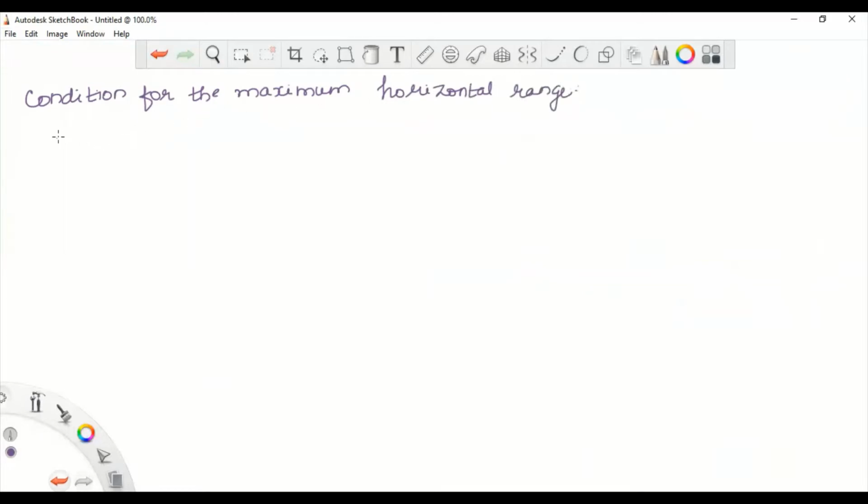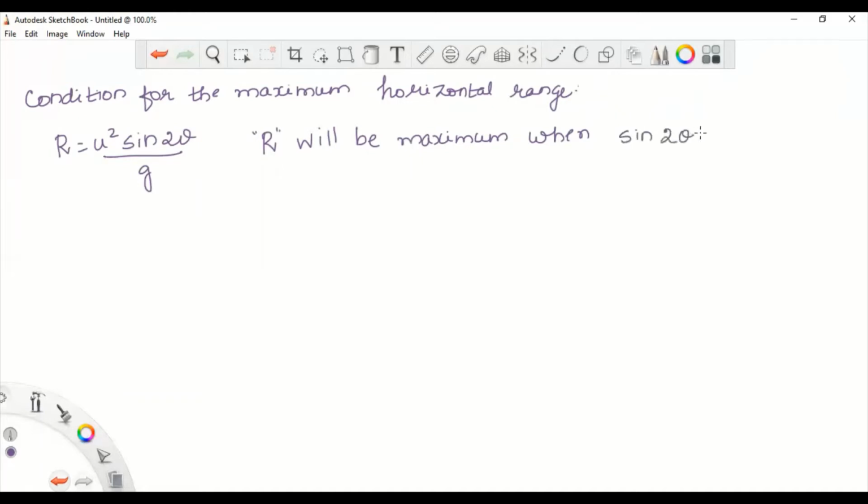We know that R is equal to u square sine 2 theta divided by g, right? So R will be maximum when sine 2 theta is equal to 1, or this is equal to sine 90.